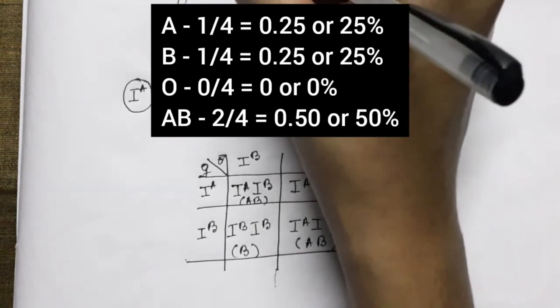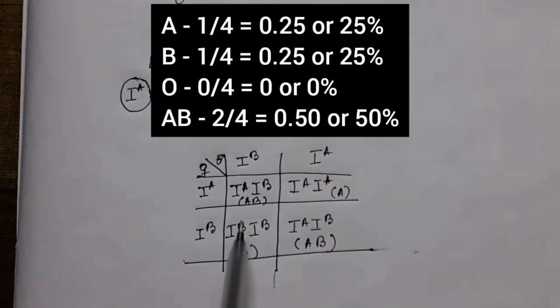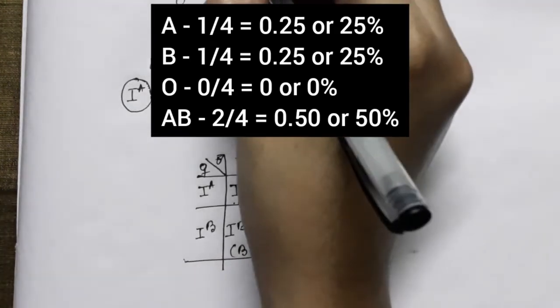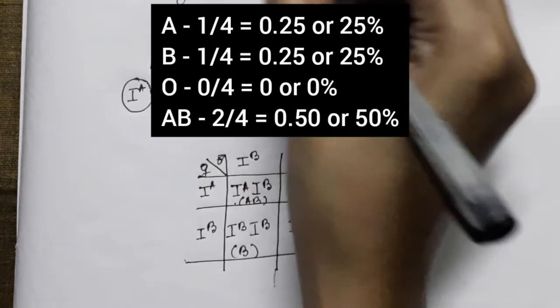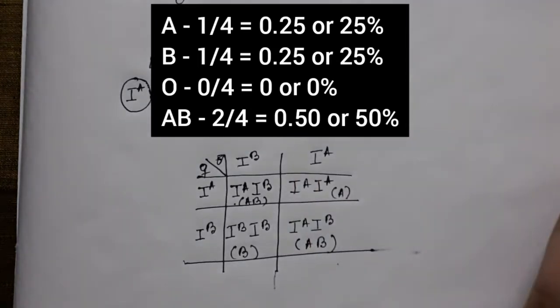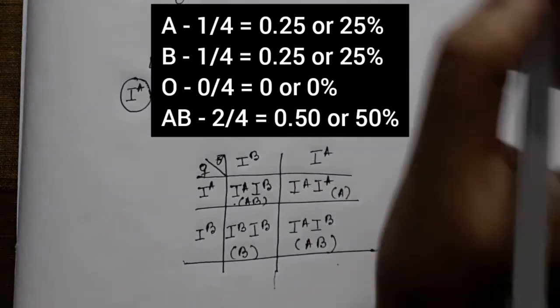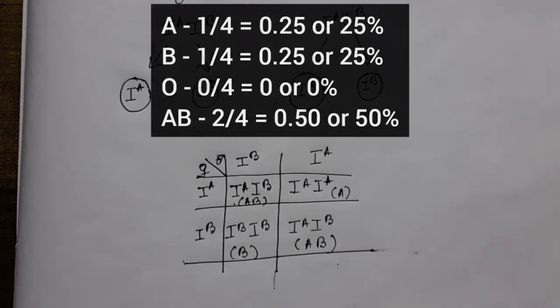So, it is 0 by 4, which is equal to 0%. And we get 2 offspring out of 4 who are of AB blood group, which is equal to 50%. So, these are the proportions of blood group of their children. I think it is clear to you now. Let's move to our next question.